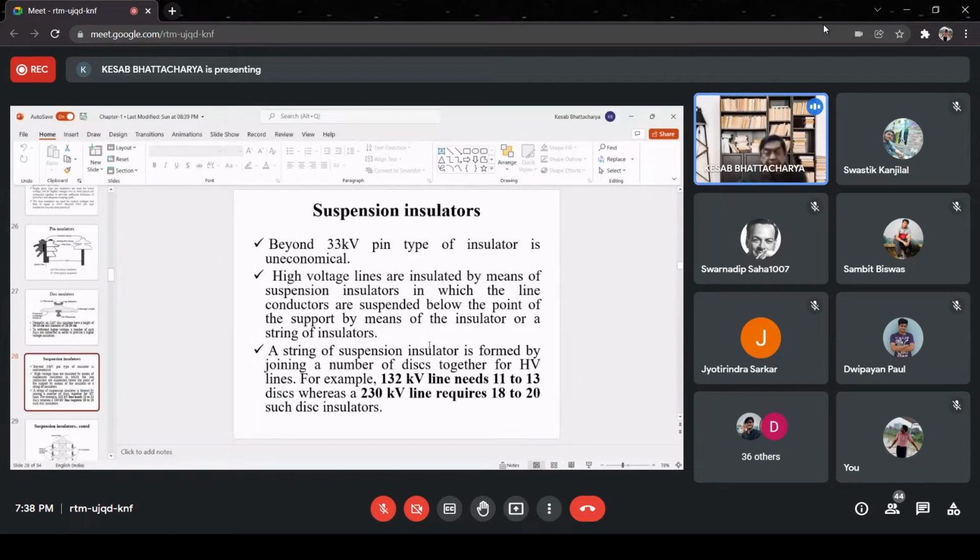Actually, both pin type and disc type insulators are limited in use to a certain level of high voltage. As the first point on the slide says, beyond 33 kV the pin type insulator is uneconomical. Yes, that we also discussed in connection with pin type insulators.